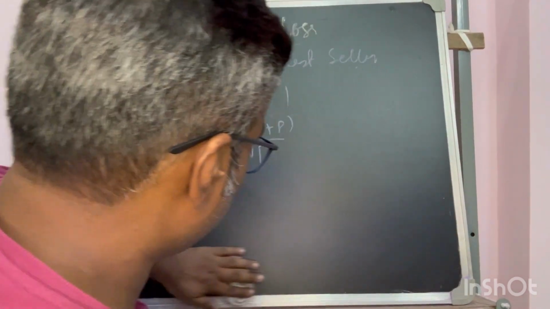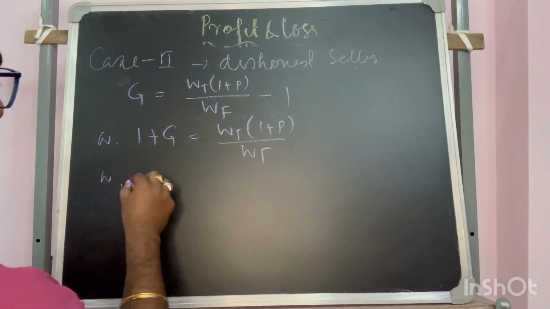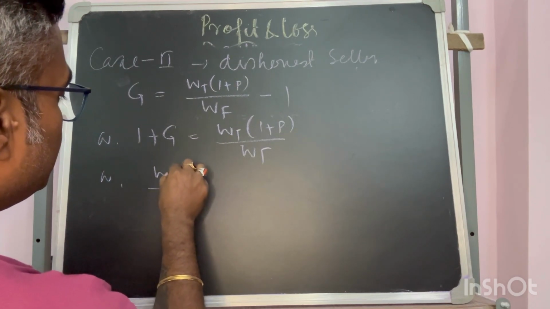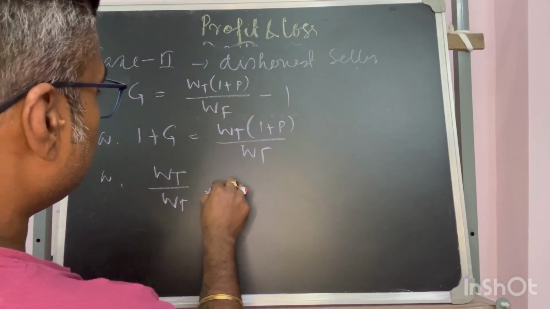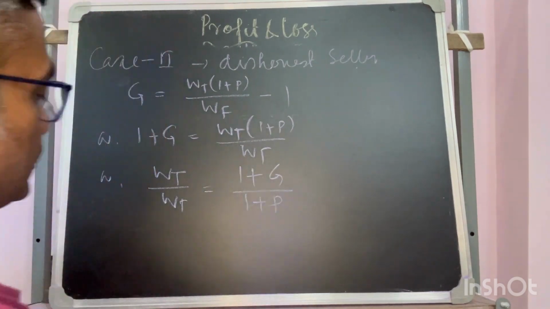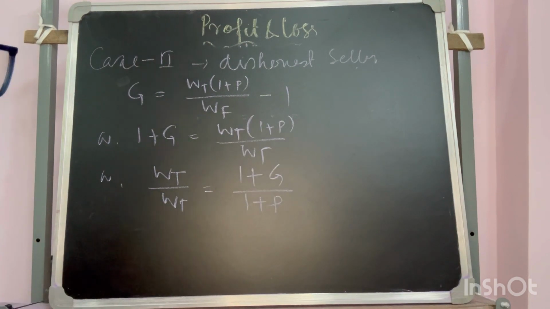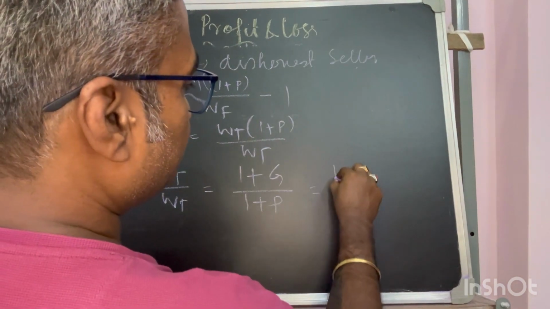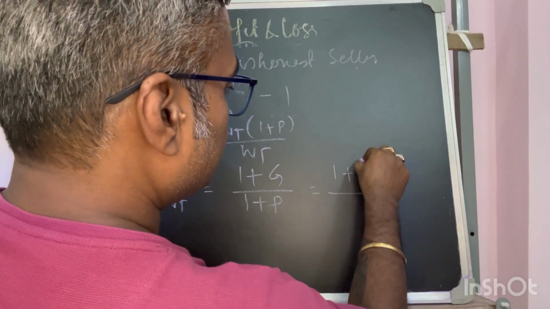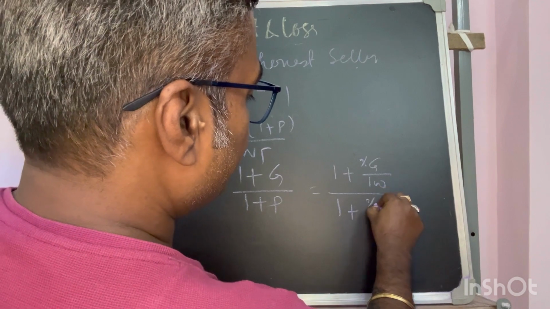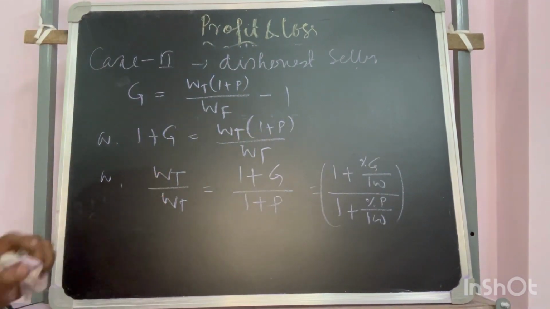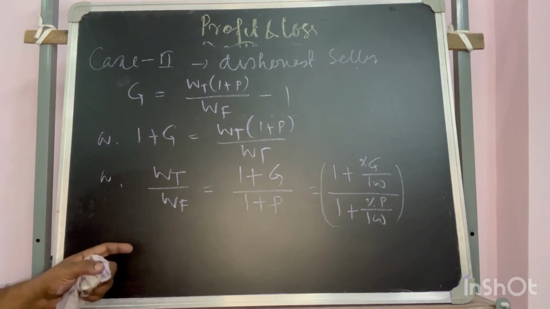So ultimately the equation will become WT by WF is 1 plus G by 1 plus P. Okay, so this is the case. Now if it is in percentage, you can put G by 100, 1 plus profit percentage by 100. This will give the same result, WT by WF. So this is one equation.